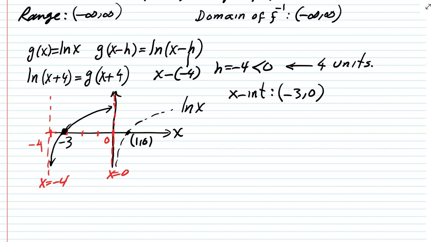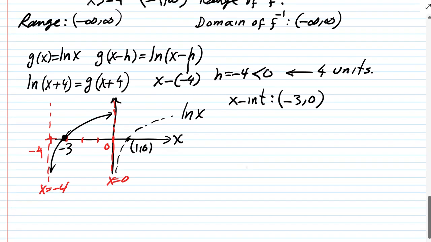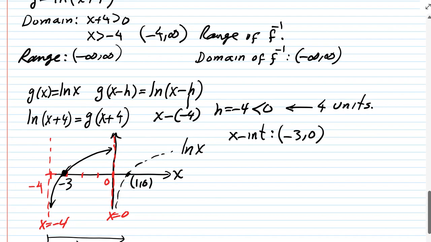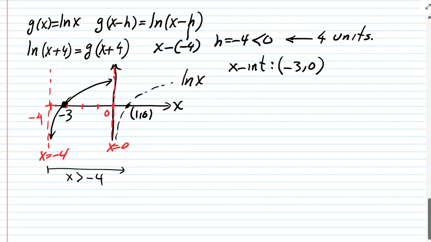All right, so we have everything that we needed, and it makes sense for the function. Here is the domain of the function. X is greater than -4, and that's what we set up here. The range is all real numbers, and we are good. We found the vertical asymptote. This is the vertical asymptote.